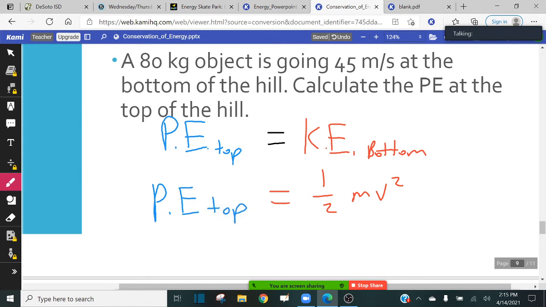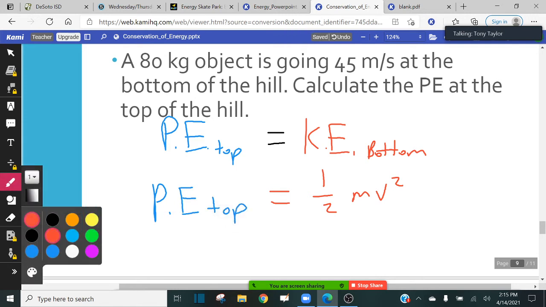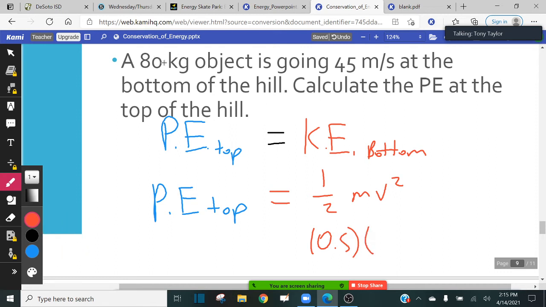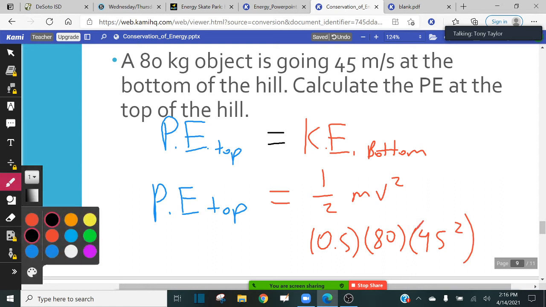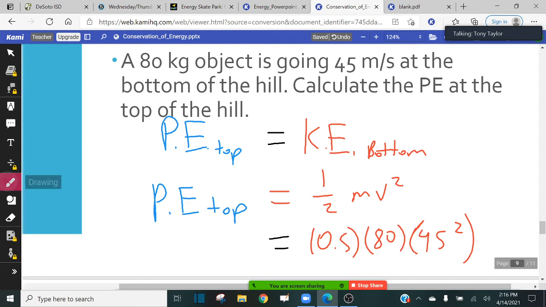Okay. So let's just plug everything in. So 1/2, guys, remember that's the same thing as 0.5. We're told our mass is 80 kilograms, and we know that our velocity is 45. Can someone tell me what 0.5 times 80 times 45 squared is?